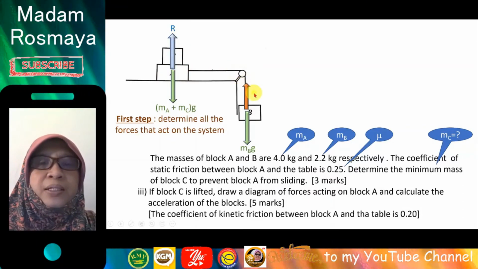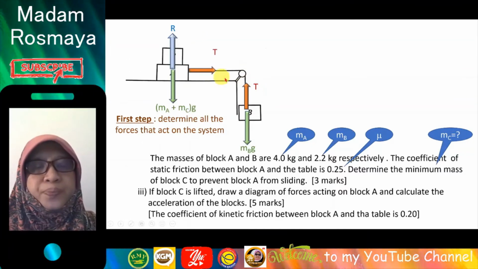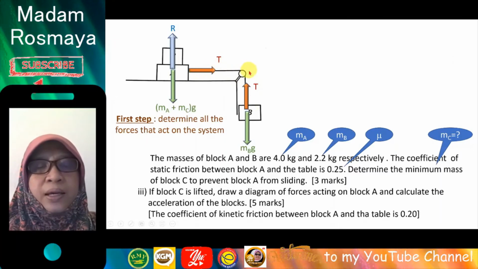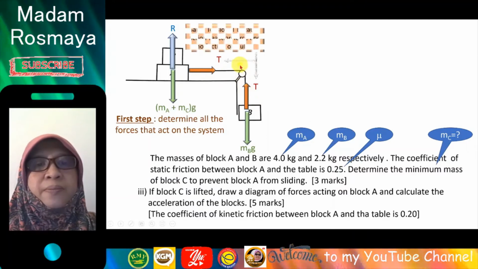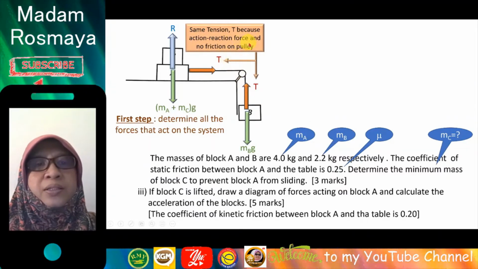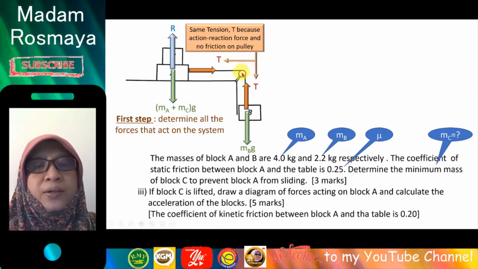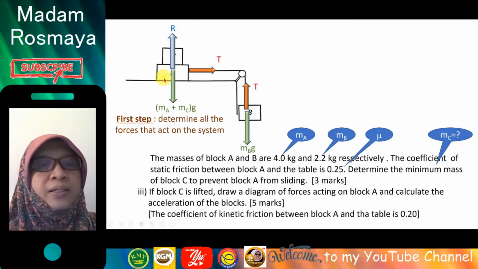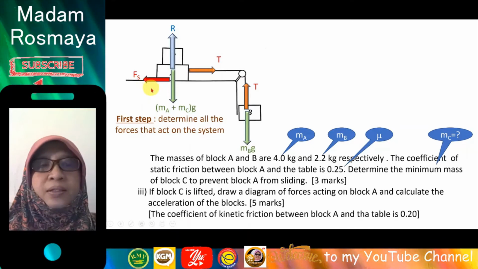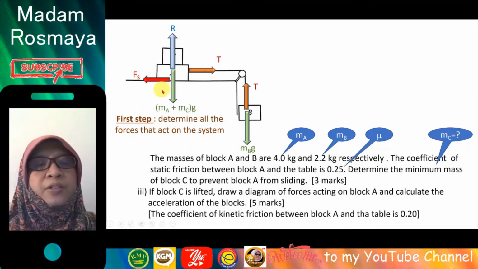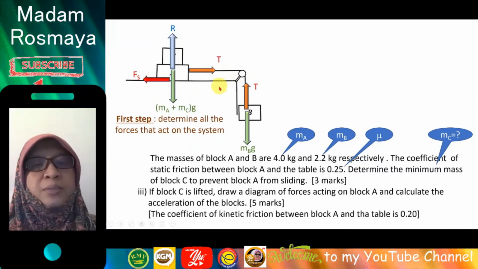Then the tension in the string, T. Here also the tension in the string, T. They are the same wire, so the T value is the same, action-reaction force, and there is no friction on the pulley. Then lastly is the frictional force, static friction, in this direction. So the system is in equilibrium.